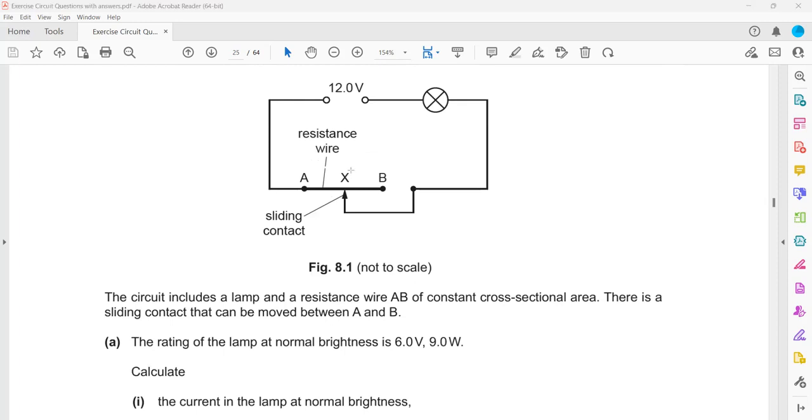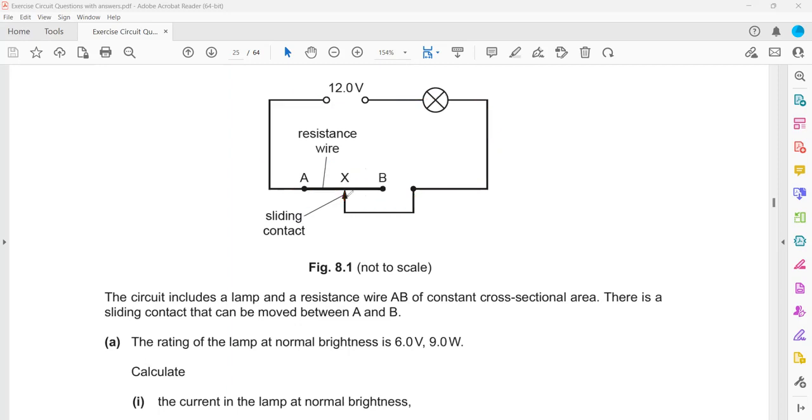We are not using the full length. For example, say half of it. What is the resistance of half? That is 2.5. If the resistance is 2.5 here, there will be less voltage, maybe 6 volts here out of 12, and the remaining 6 volts across the lamp. So the lamp was at normal brightness.